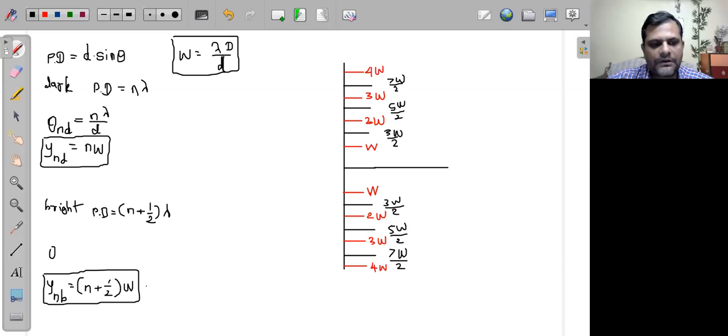Expression for the angle of bending for the nth dark and bright band. So theta n भी उसको बोल सकते हैं. It will be equal to n plus half once again into lambda by D. That's it.